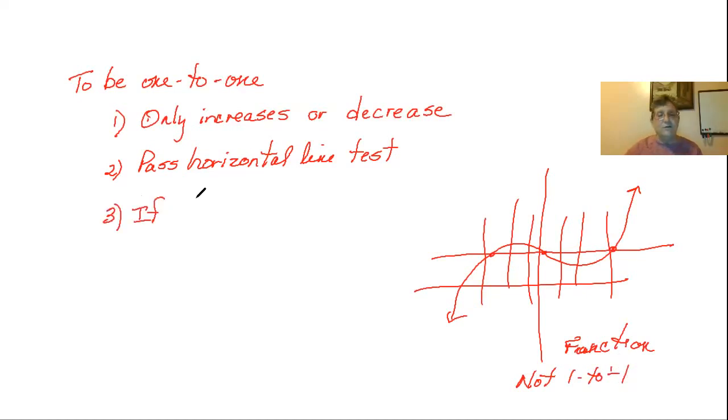Another way to show it's one-to-one is that if f of A is equal to f of B, then A has to equal B. All of these are just different ways of showing that it's a one-to-one function. So those are different ways that you can recognize whether a function is going to be one-to-one. And only if it is one-to-one can it possibly have an inverse that's a function.